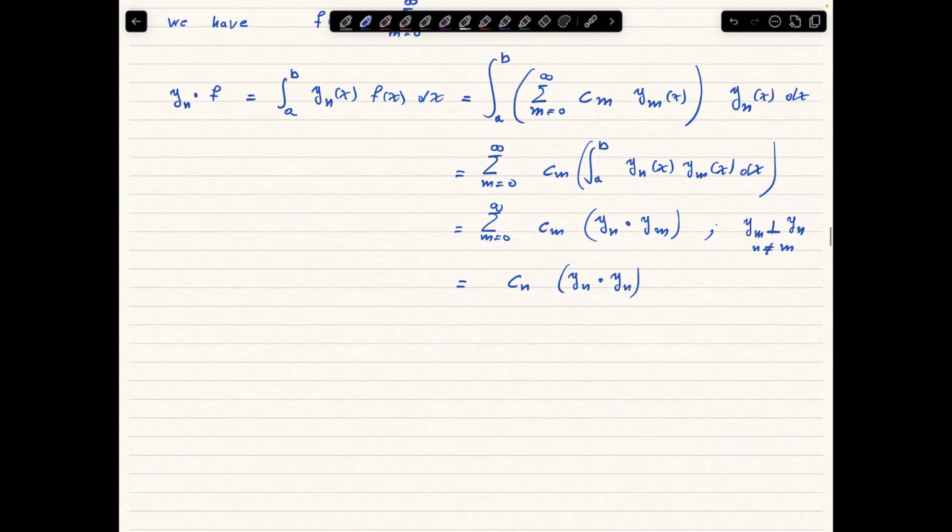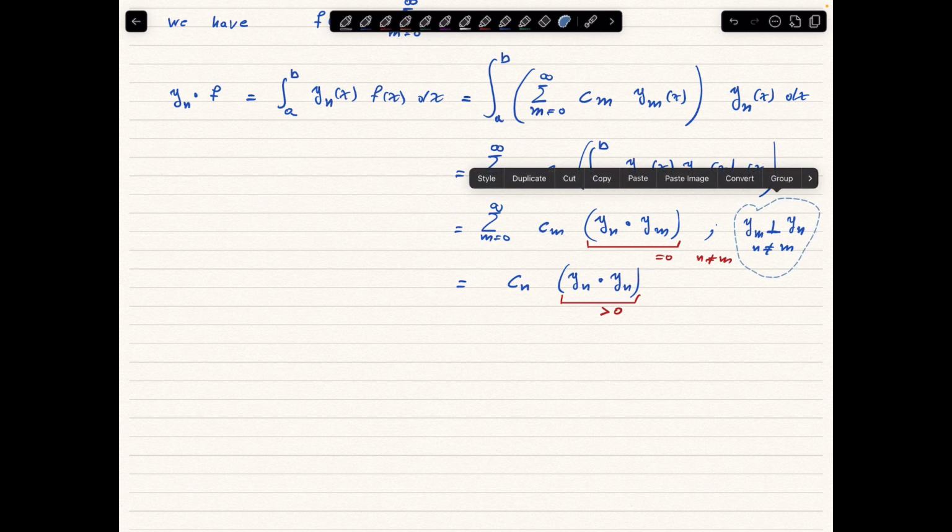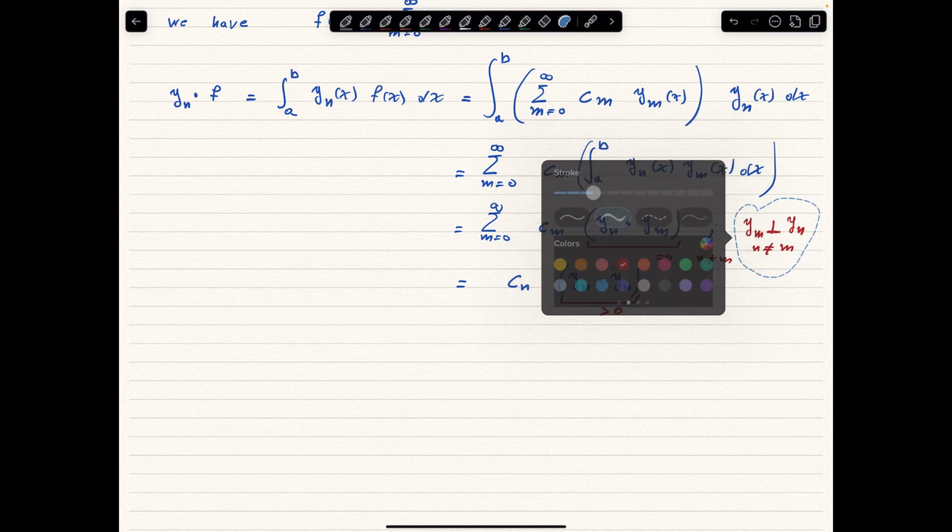And recall this is never 0, so in particular this is strictly positive. And this is what we have used here, that this is equal to 0 if n is different from m, because of this property here. Let's put it in red because it's important.